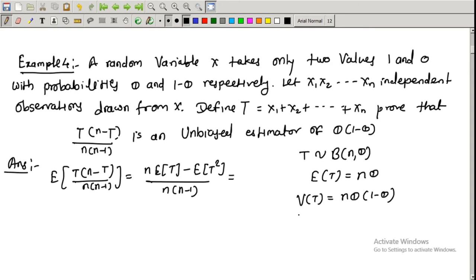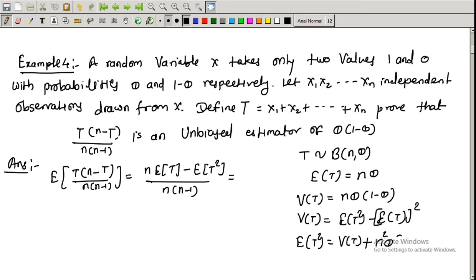Also, variance of t has the formula expected value of t square minus expectation of t whole bracket square. We are interested in expected value of t square. So expected value of t square is equal to variance of t plus, if I take this term to this side, expected value of t is n theta, so you will get n square theta square.